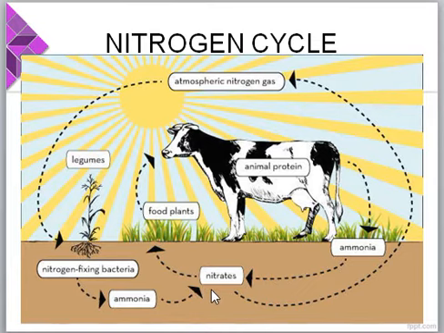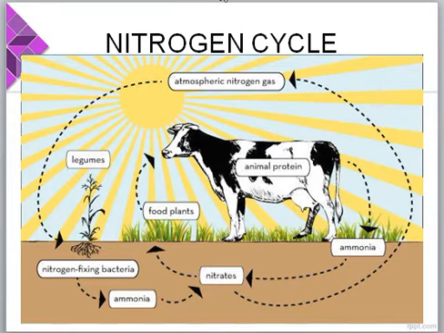First, soil bacteria convert ammonia to nitrite, which is NO2. And second, nitrobacter oxidizes nitrite to form nitrates. Again, the nitrification process is carried out by another bacteria, and the name of that bacteria is nitrifying bacteria.